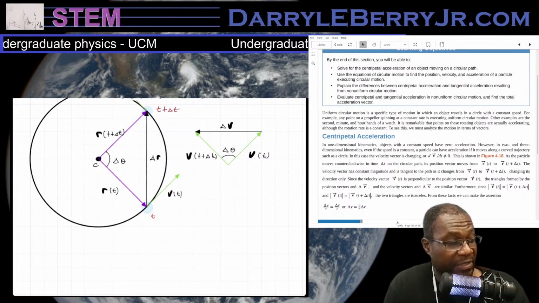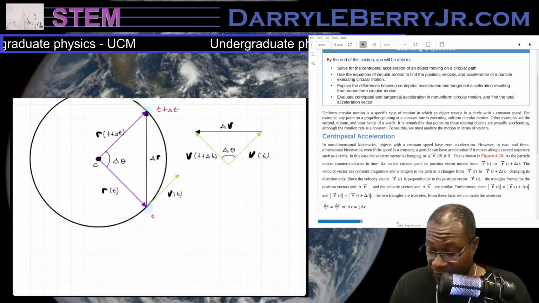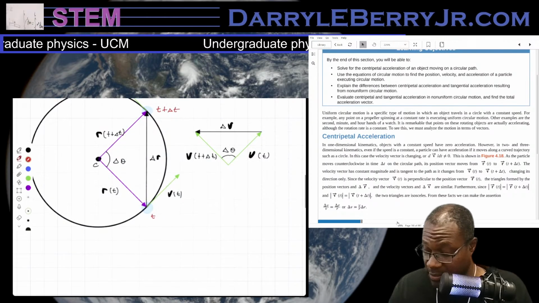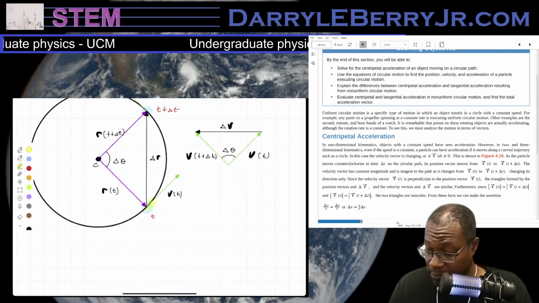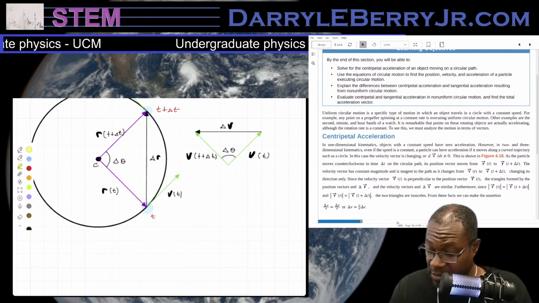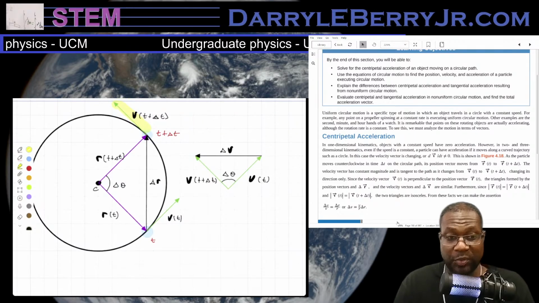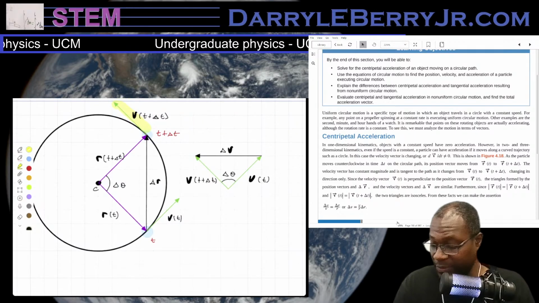The velocity vector has constant magnitude and is tangent to the path as it changes from VT, which is this vector here, to VT plus change in T. So we can see that the speed of this vector is constant. The length is the same. We know that because I copied the same vector, but the direction has changed.